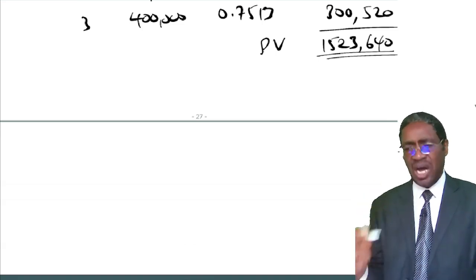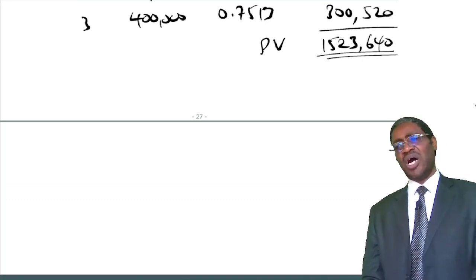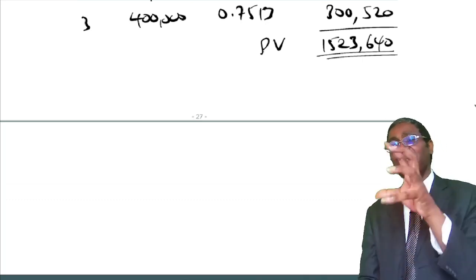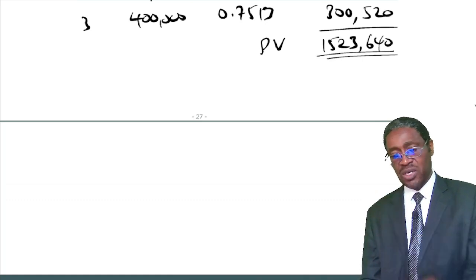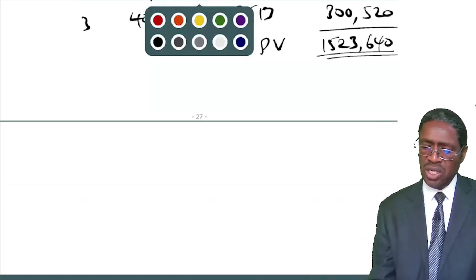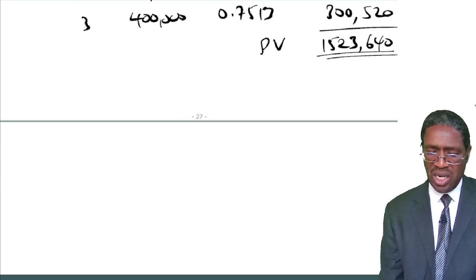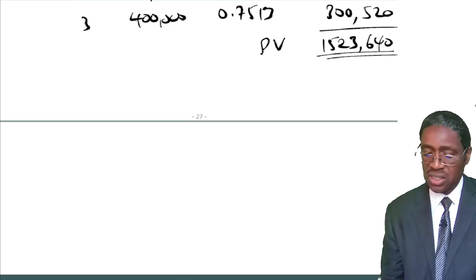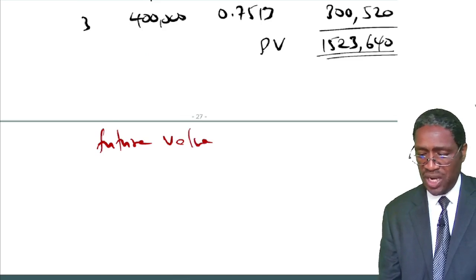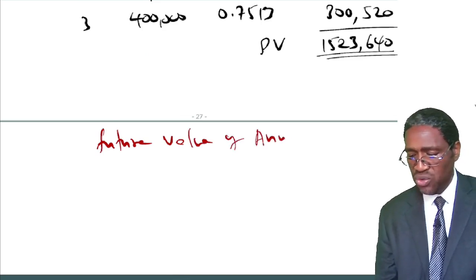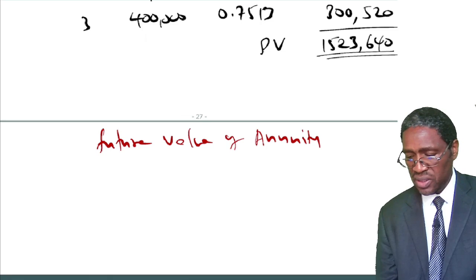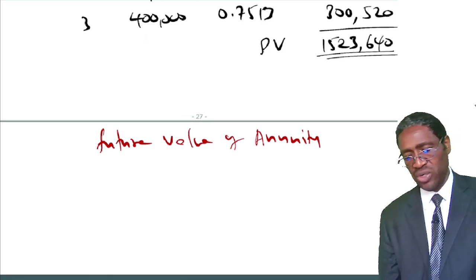Those regular amounts are what we call annuities. What we want to discuss now is how do we get the future value of an annuity?